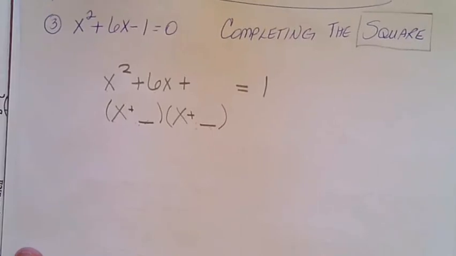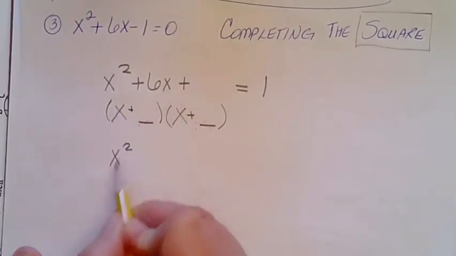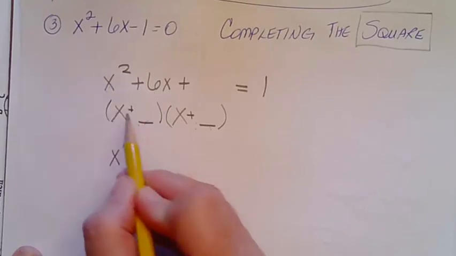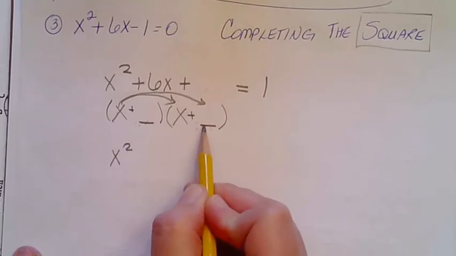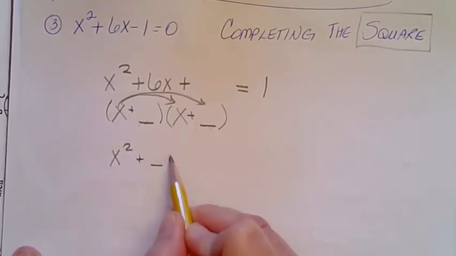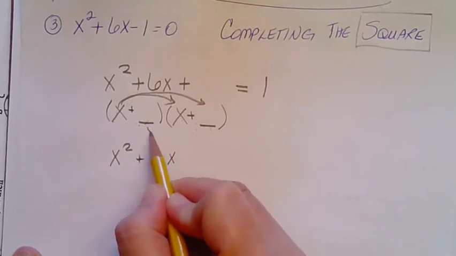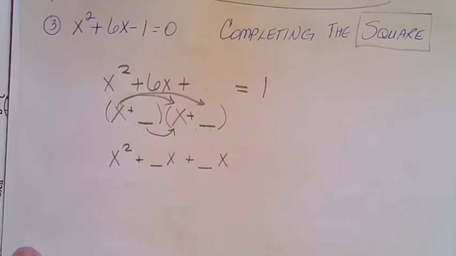Let's work backwards. Let's pretend we're going to multiply. X times x, x squared. That's how I get this number. That's this. Now I'm going to distribute over here. Well, that's this number times x. So plus whatever that number is times x. Now I come here and distribute. So that's plus whatever this number is times x.